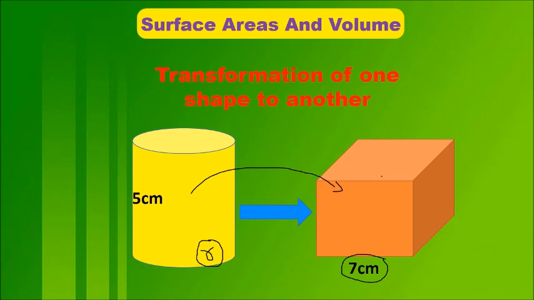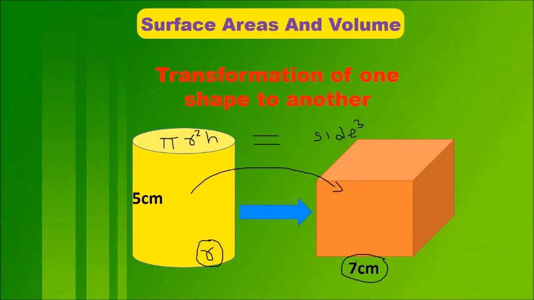So here in this case also, the volume of this cylinder, that is equal to pi r square h, pi into r square into h, is equal to the volume of this cube, that is equal to side cube. We can write here side cube.